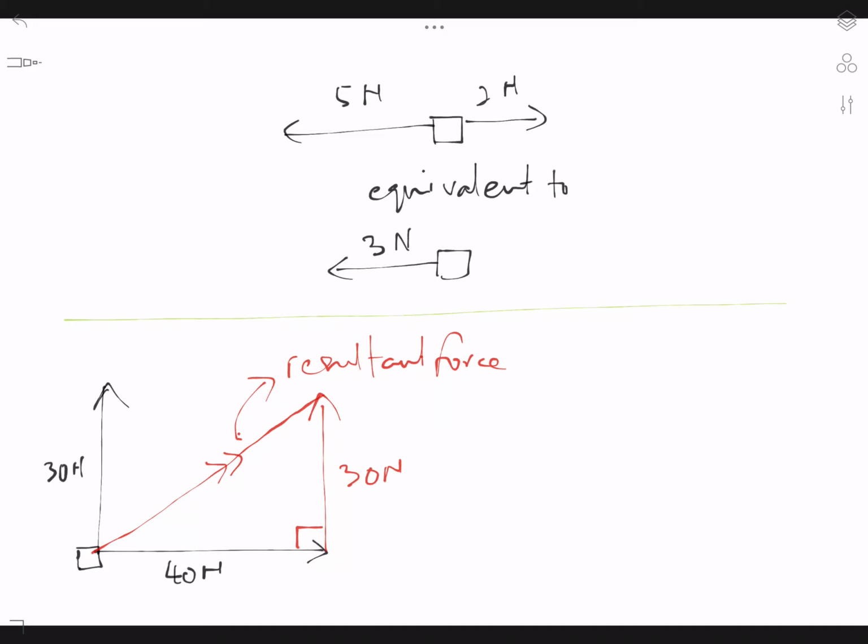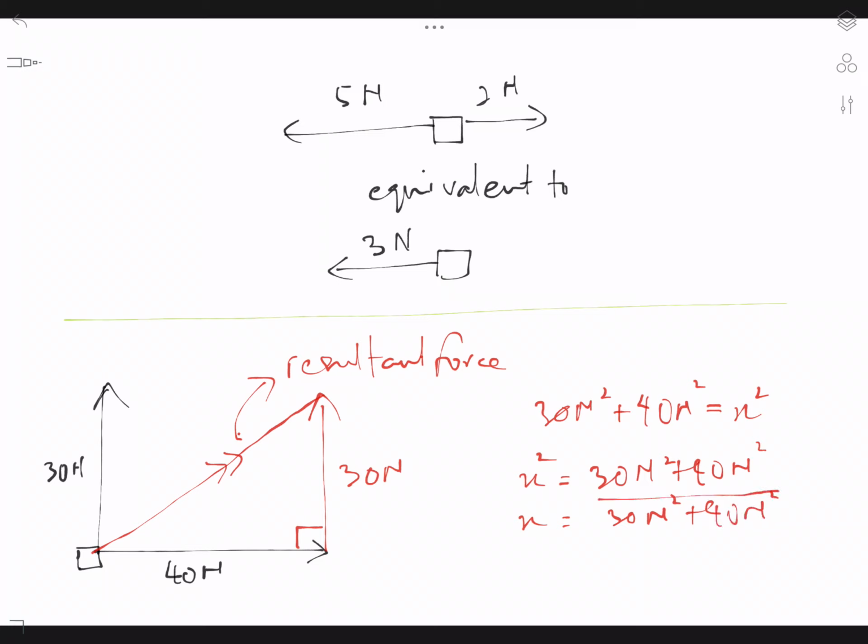So you can apply Pythagoras theorem. x squared is equal to 30 Newton squared plus 40 Newton squared.